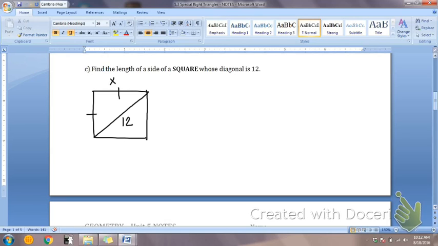Well, here's the hint. Because this is a square, this means I automatically have a 45, 45, 90 triangle. So whenever you see this word square, you know you automatically have a 45, 45, 90 triangle. And if you have a 45, 45, 90 triangle, you can always use this formula. Hypotenuse equals leg times the square root of 2.